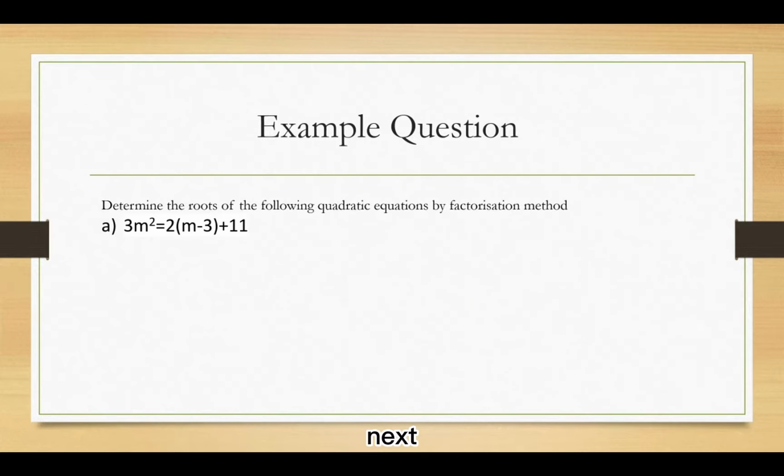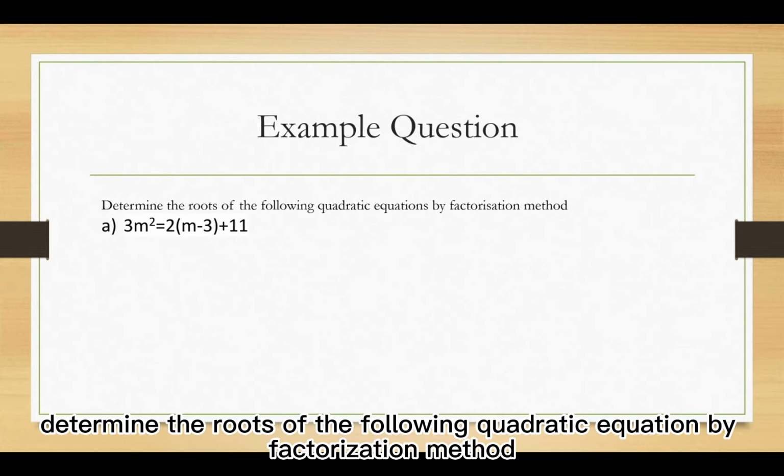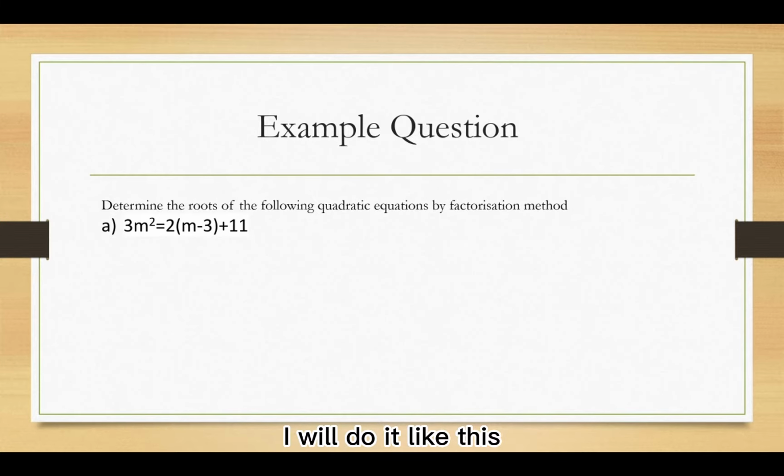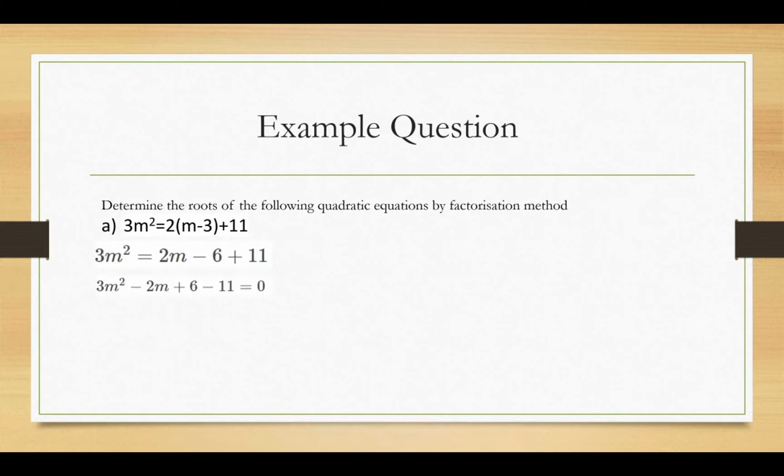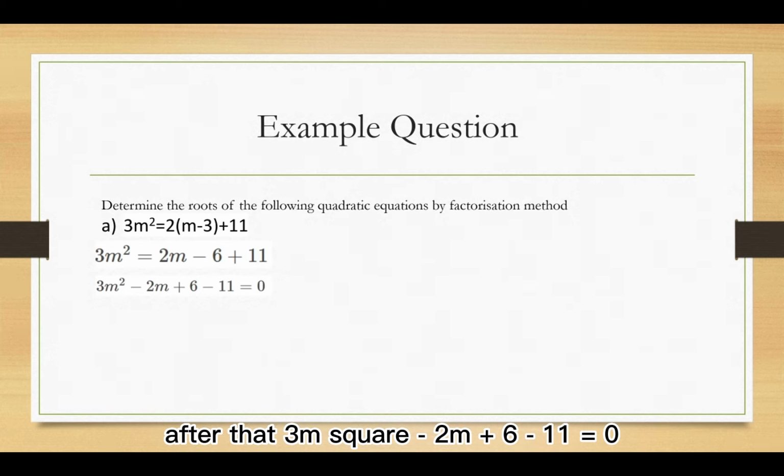Okay, next, determine the roots of the following quadratic equation by factorization method. I will do it like this: 3m squared equal to 2m minus 6 plus 11. After that, 3m squared minus 2m plus 6 minus 11 equals to 0.